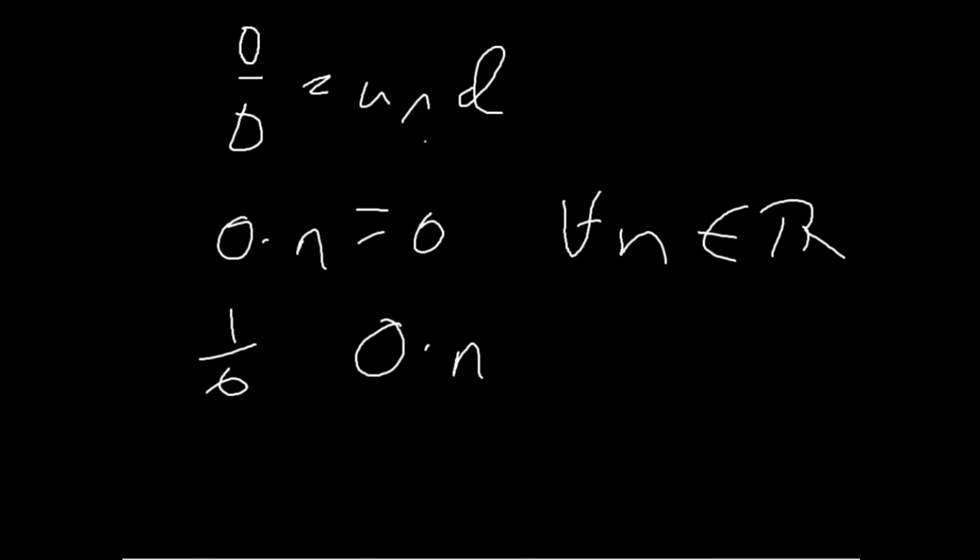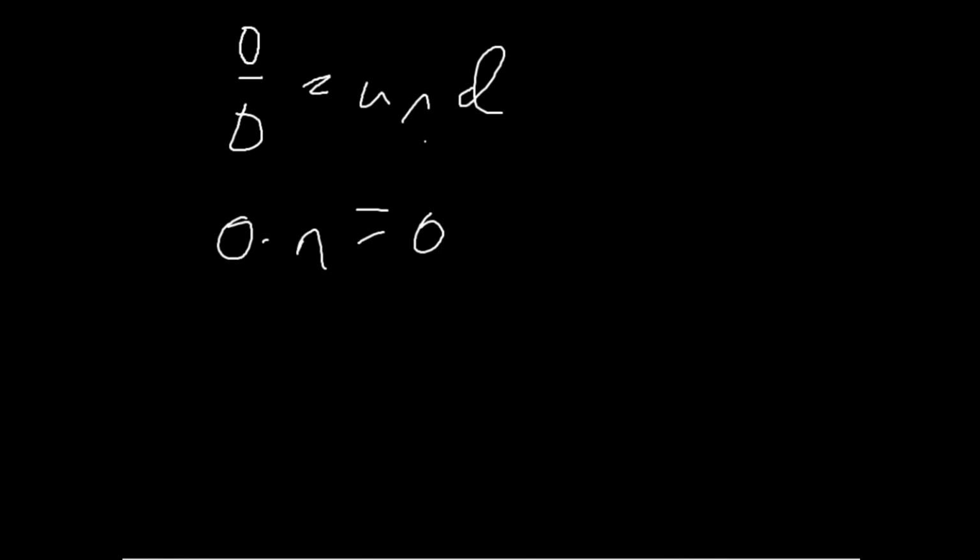But what if we allow our division to be multi-valued? What happens? Well, let's take 0 divided by 0.